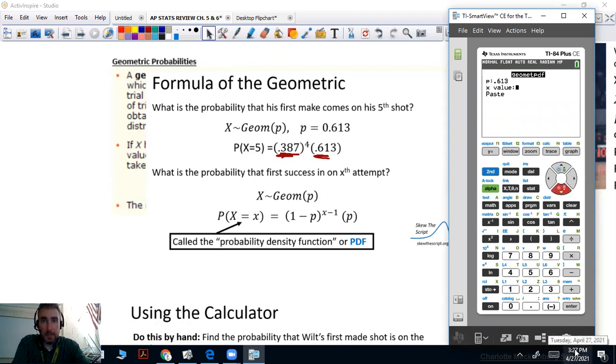The x value would be, let's see, 5th shot, so 5. And that's all you're putting in there. So the probability he makes it on his 5th shot is 0.0137. So basically, you're doing 0.387 multiplied by itself 4 times, so to the 4th power, times 0.613. So that's the same thing.